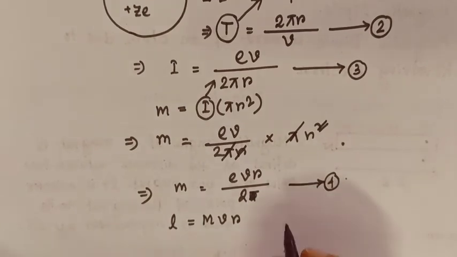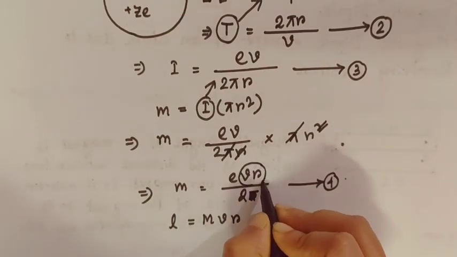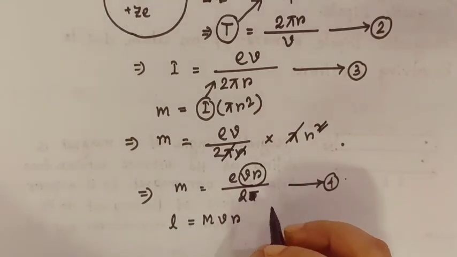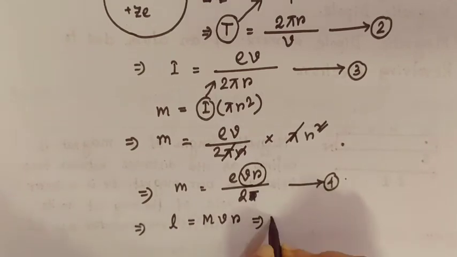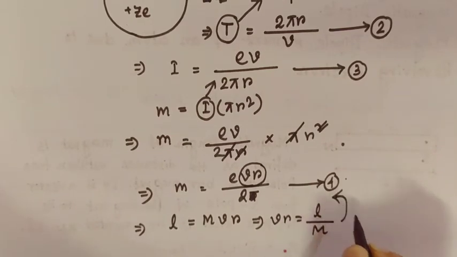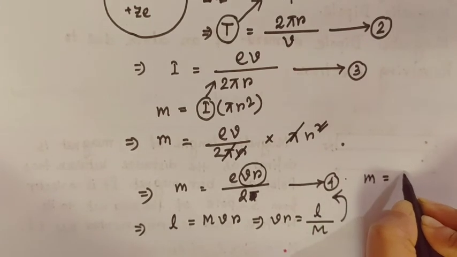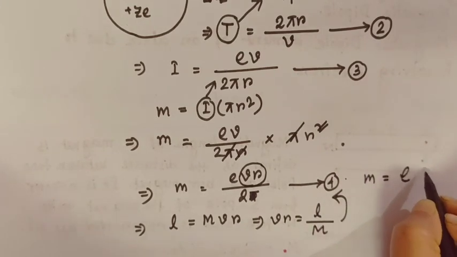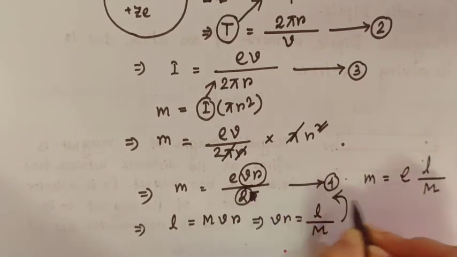Okay. Now in place of vr, we can put L by m. So from this equation we can write vr is equal to L divided by m, and we can put the vr value here. So M is equal to e times L by m, and we have 1 by 2.